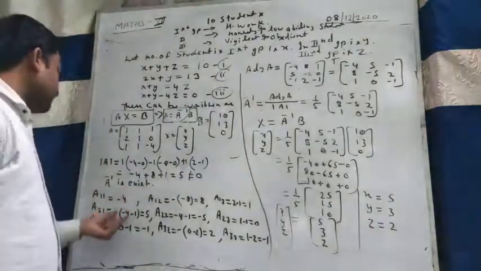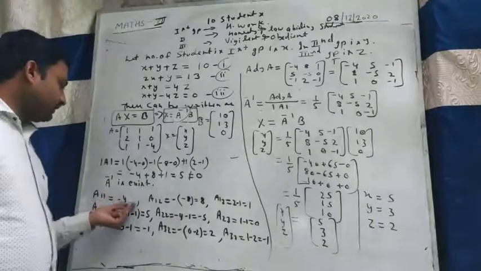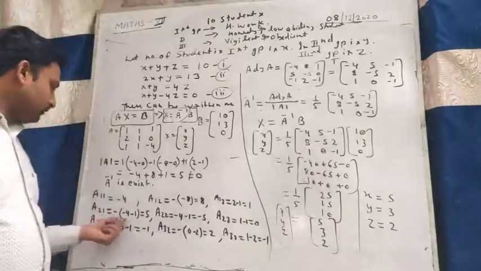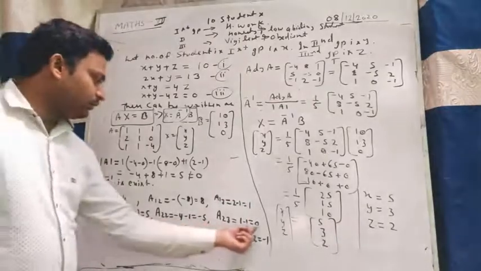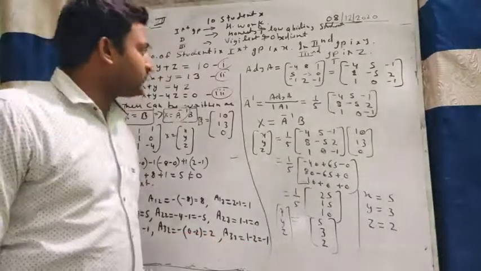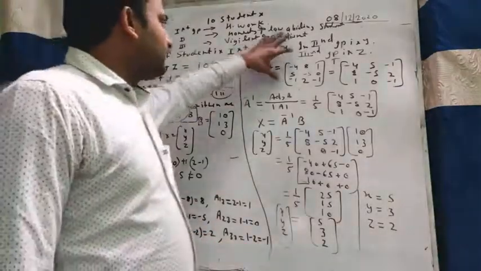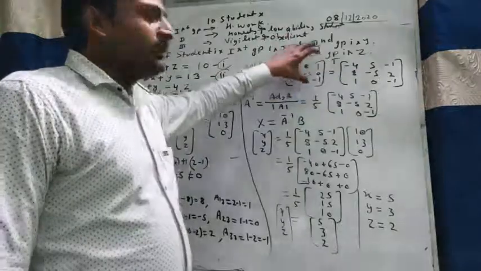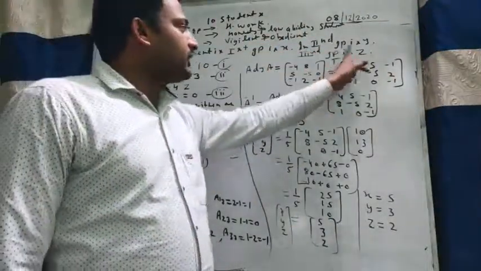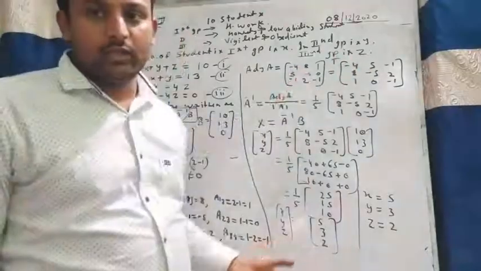Now we can find the adjoint of A, and for that we will find our cofactors. A11 is minus 4, A12 is 8, A13 is 1, A21 is 5, A22 is minus 5, A23 is 0, A31 is minus 1, A32 is 2, A33 is minus 1. Now adjoint of A is what? The transpose of these cofactors. We have written the cofactors here, and now taking the transpose, so we are changing the rows into columns.